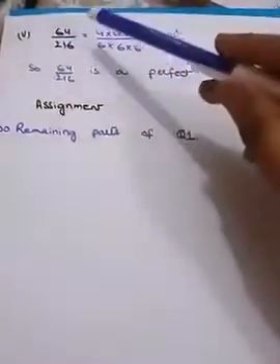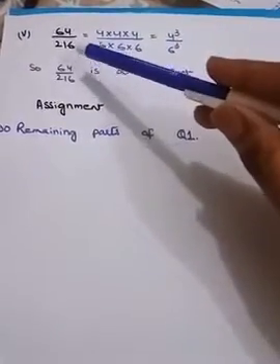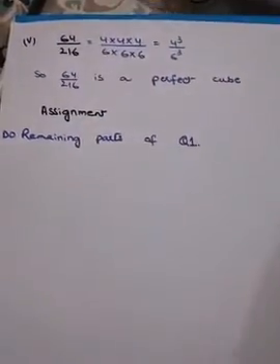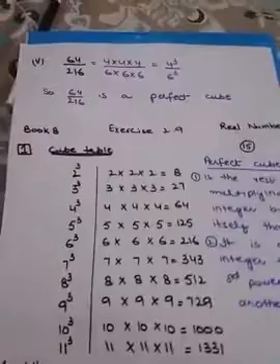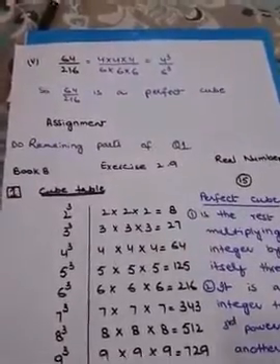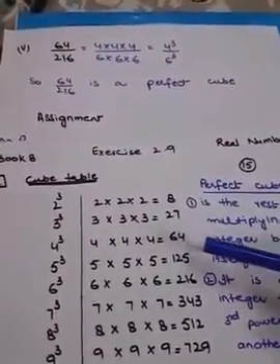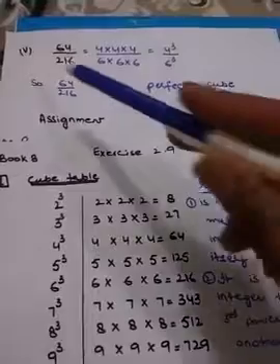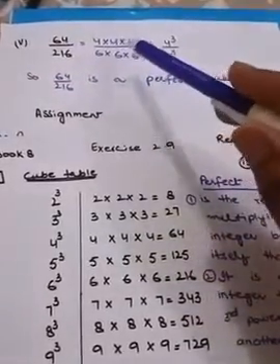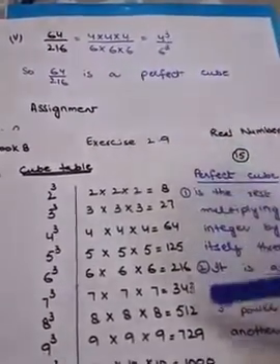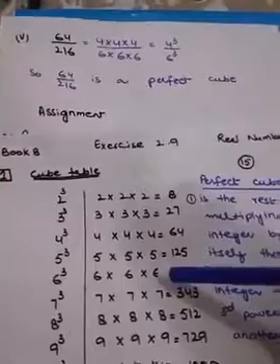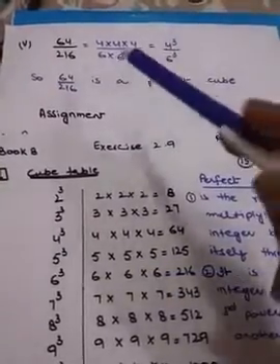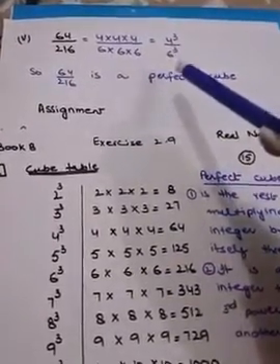Part 5. 64 over 216. Now 64 is coming here. So we can write 64 as 4 into 4 into 4, which is 4 cube, and 216 we can write as 6 multiplied by 6 multiplied by 6, which is 6 cube.